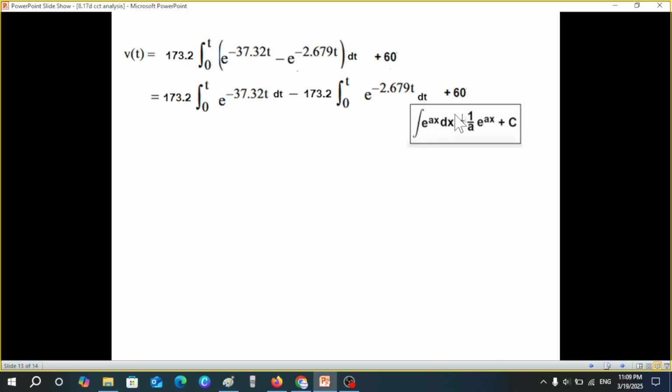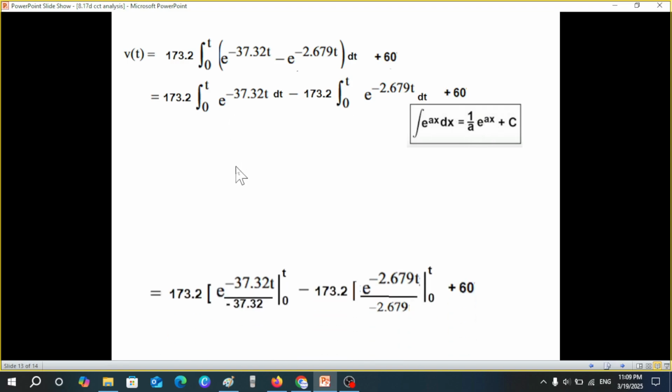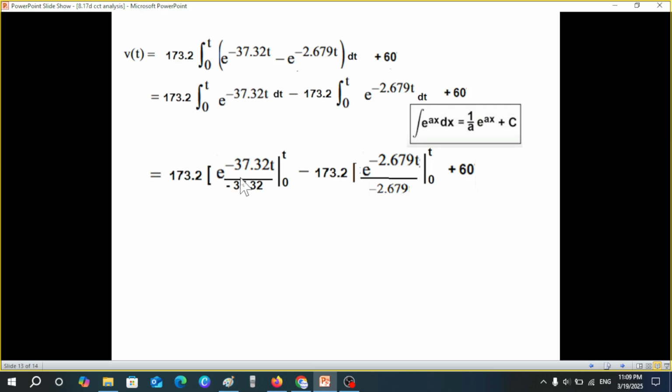And we will use this formula. I hope you remember, the integral of e^(ax) dx is 1 over a times e^(ax). So this one divided by the a of the power minus 37.32. And since this is a limit from 0 to t, we'll be putting limit from 0 to t in both cases.